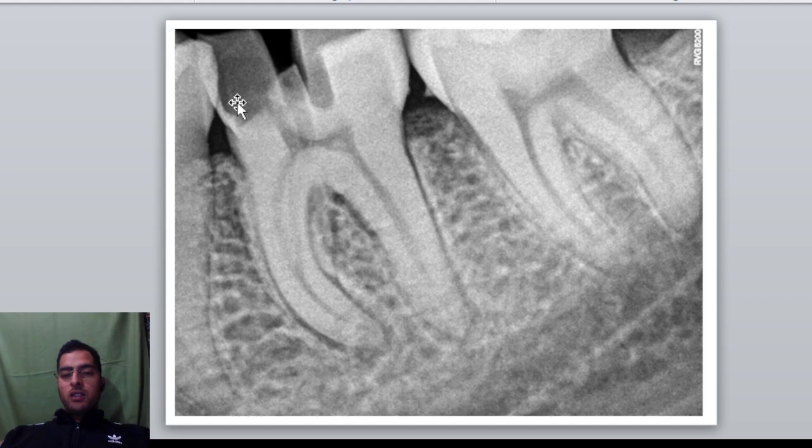In the coronal part or the pulp chamber, you can see only one chamber, but clinically there are two apical foramen. But in the distal root, you can see there is one big canal. This is a typical type 1 canal. This is a typical type 2 canal.